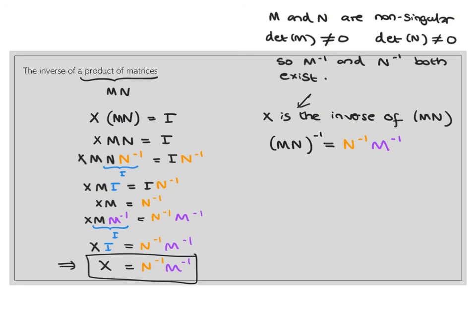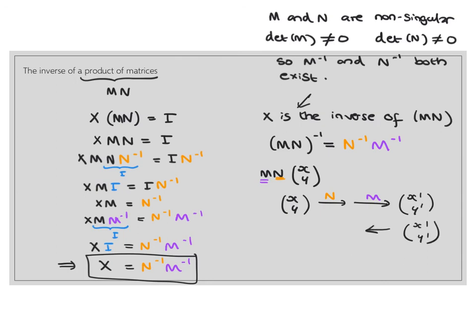Now, why does that make sense? Well, because if you look at the product MN, and if you apply that to some pair of coordinates x, y, what's happening is that we are starting with the pair of coordinates, we are applying the matrix N first of all because it's closest, and we're then applying the matrix M. So if we want to reverse that, once we get to the image coordinate, and we want to go backwards, well then, of course, we've got to apply M inverse first, and then apply N inverse afterwards to take us back to x, y.